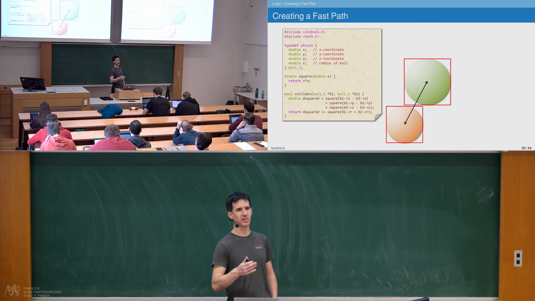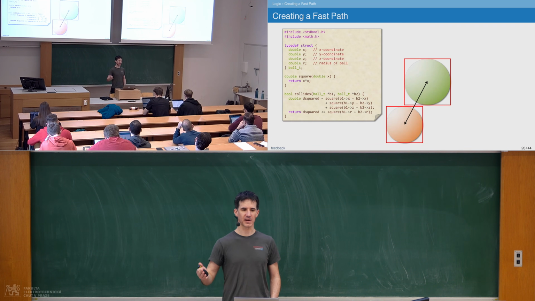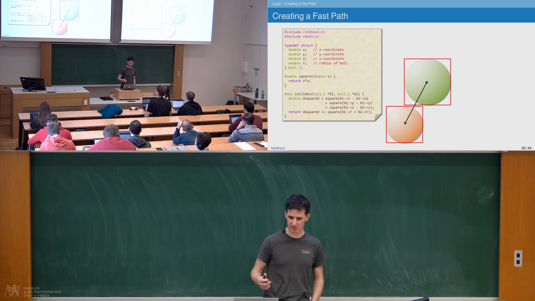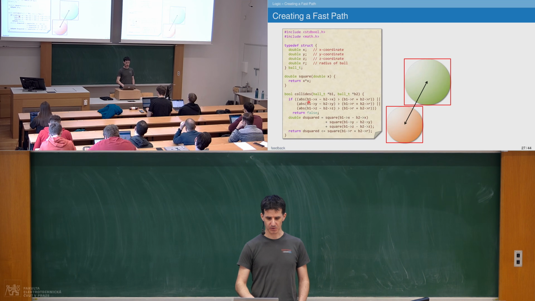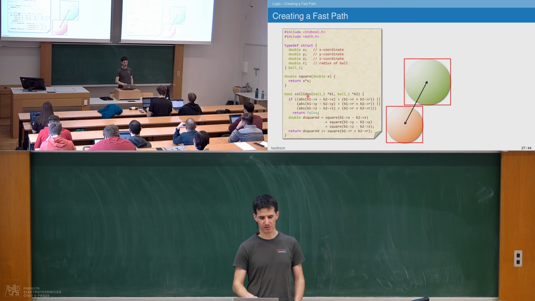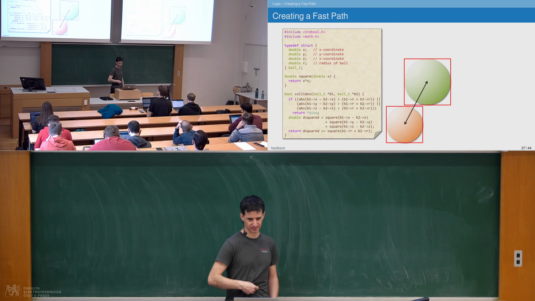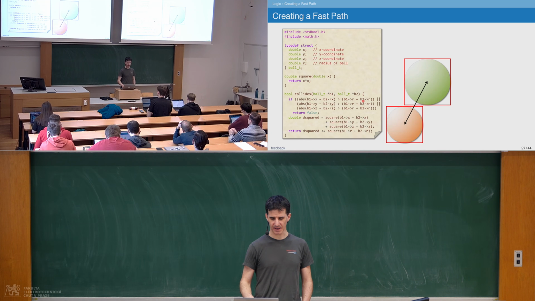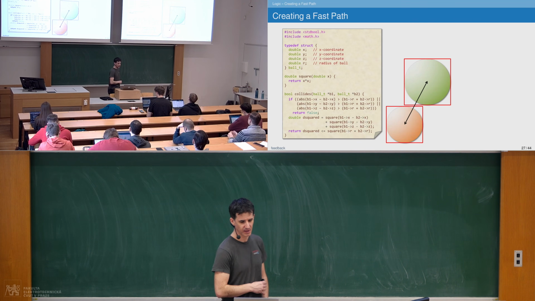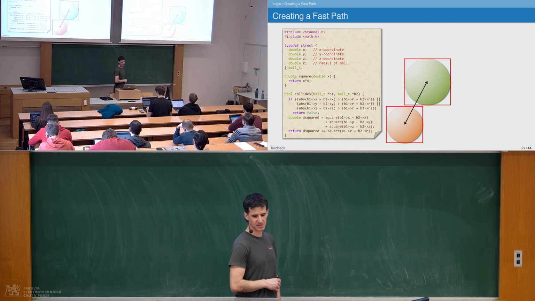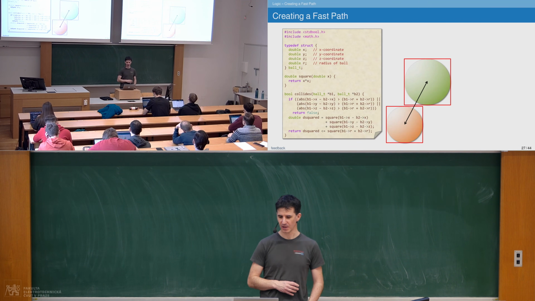So this is so-called fast pass, because comparing whether bounding boxes overlap is just a matter of very simple comparison. You just subtract two values and compare it with the size of the radius. There is no multiplication, there is just addition and subtraction, and this is a fast operation.